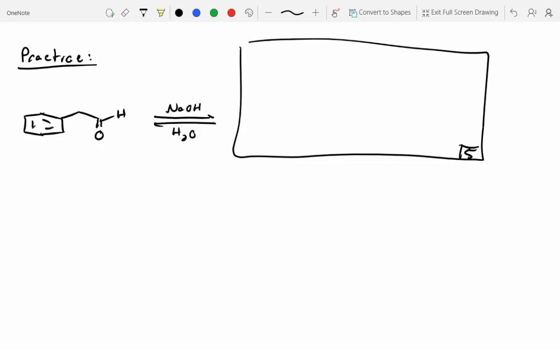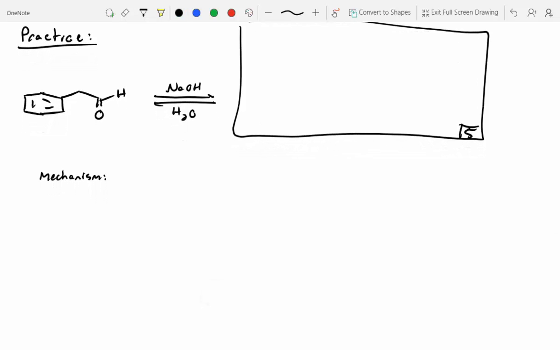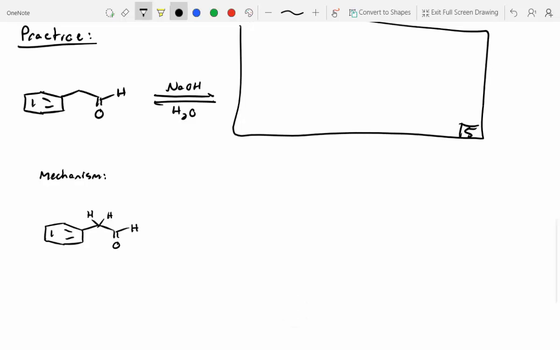So I'll give you guys a minute to work on the mechanism for this. I'm just going to fill in a little bit of our skeleton so we can work through the mechanism faster as a group.